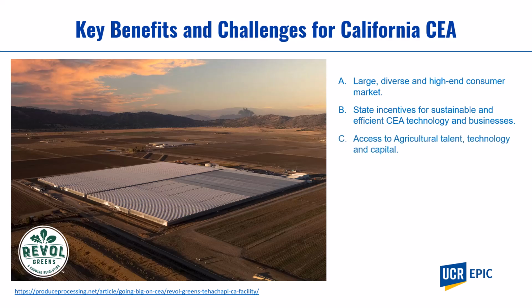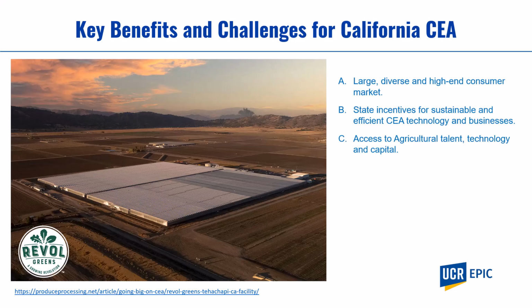And then in the state, we have access to a fair amount of agricultural talent, technology, and capital investment. California has an incredible history in agriculture, starting in open field and orchard, but it's a multi-billion-dollar industry. So we have that fundamental infrastructure and ecosystem of agricultural talent, technology, and capital in California.